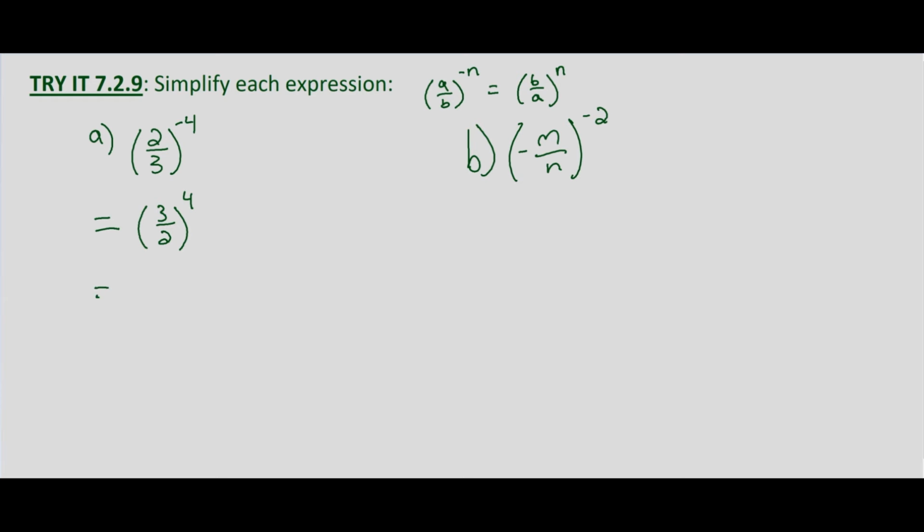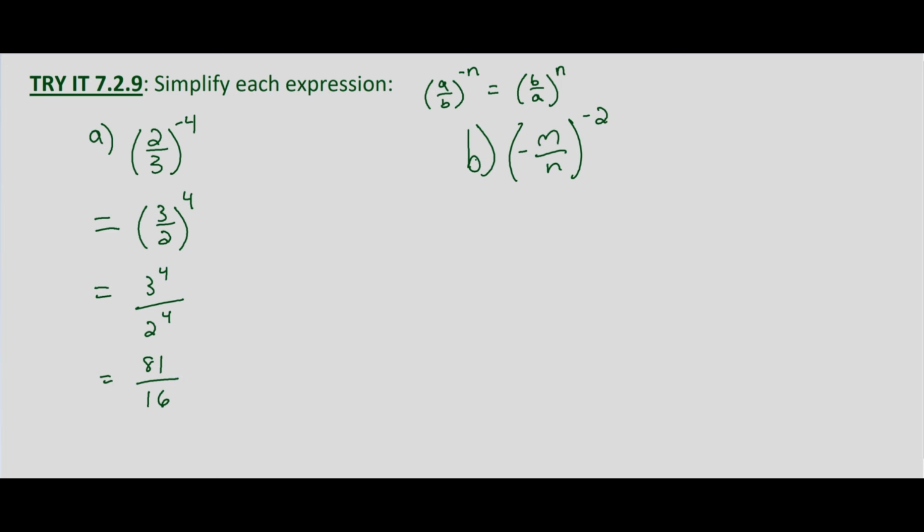In other words, this equals 3 to the 4th over 2 to the 4th. 3 to the 4th, that's 3 times 3 is 9, times 3 is 27, times 3 is 81. And 2 to the 4th, that's 2 times 2 is 4, times 2 is 8, times 2 is 16. So this ends up being 81/16.